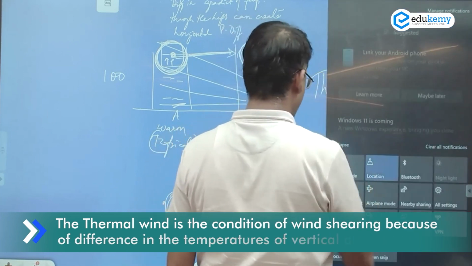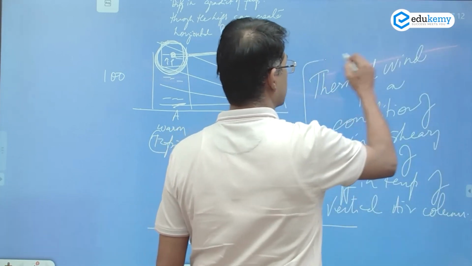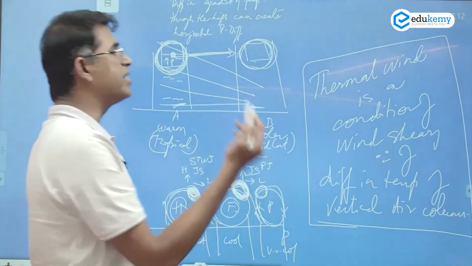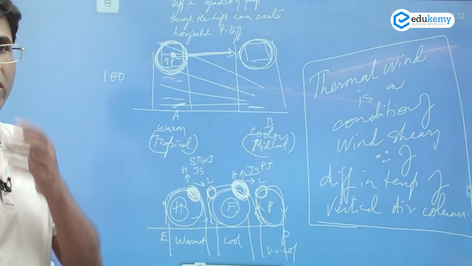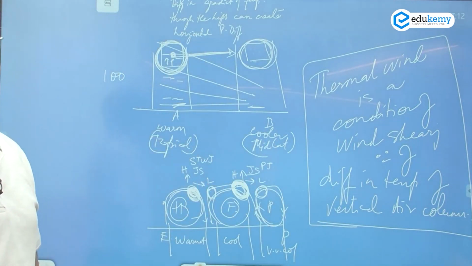Remember this. What are thermal winds? Thermal winds are a condition of wind shearing because of difference in temperature of the vertical air columns.